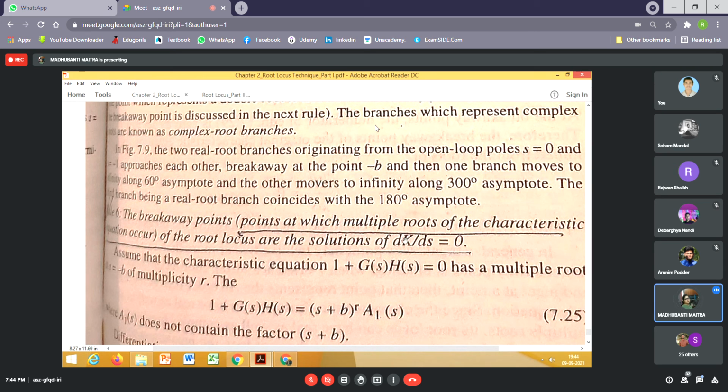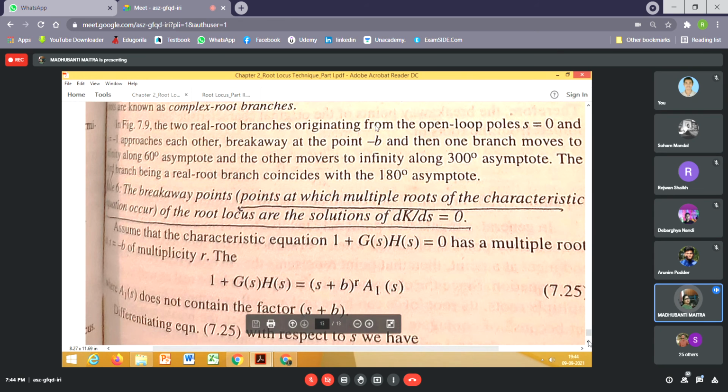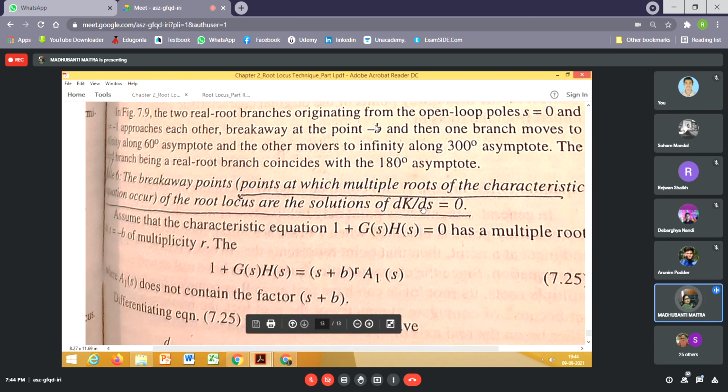So we take the first derivative with respect to s and form this equation dK/ds equal to 0, and the solutions of this equation will be the breakaway points of the system.